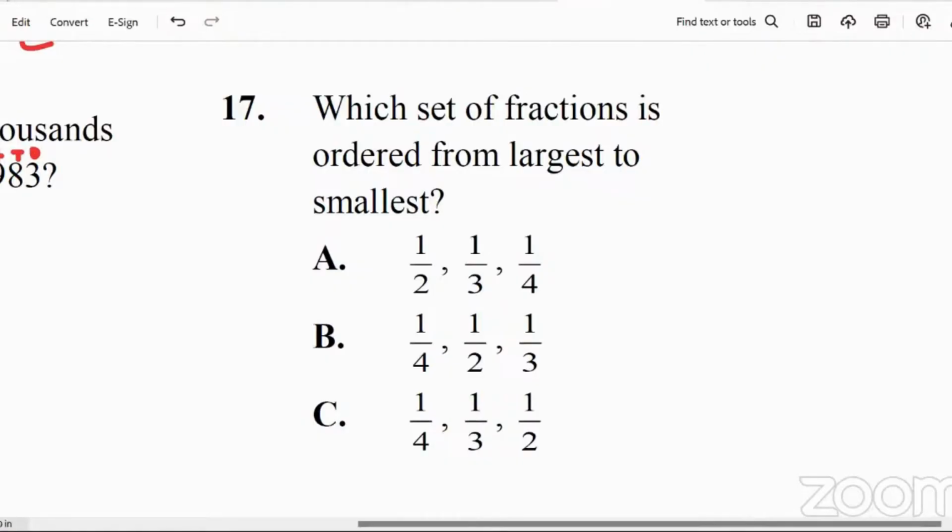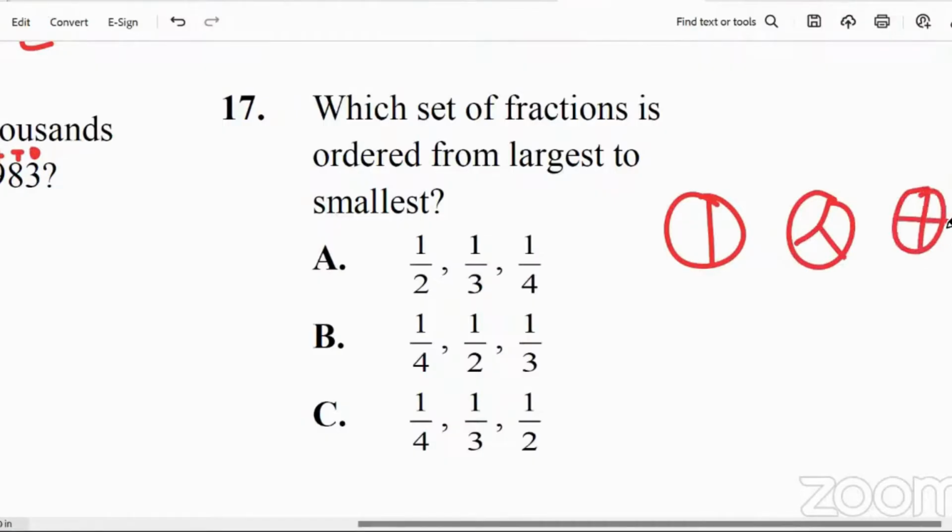Okay, so let's look at it, and I always tell my students, try to make it as practical as possible. So you have to draw these fractions and see what they look like, just to see what the options would have been. All right. So if I was to give you half of a cake, or I gave you 1/3 of a cake, or I gave you a quarter of a cake, 1/4.